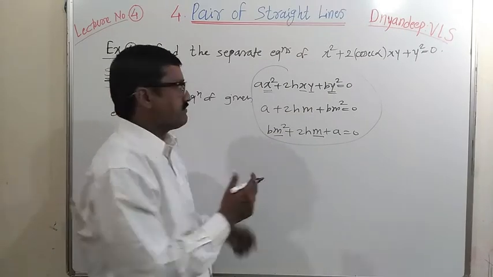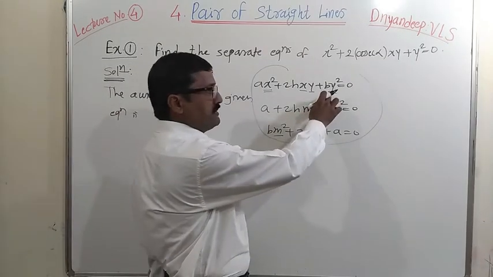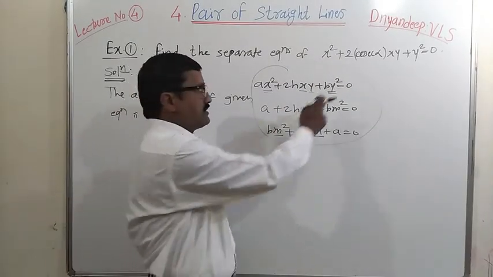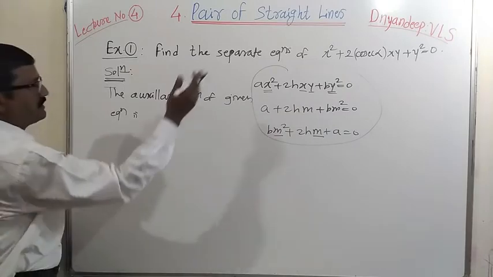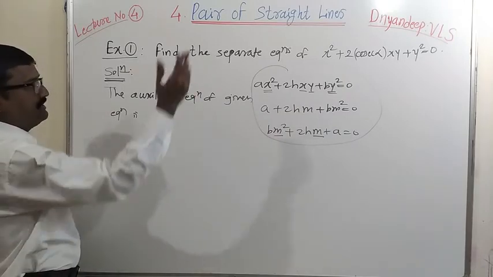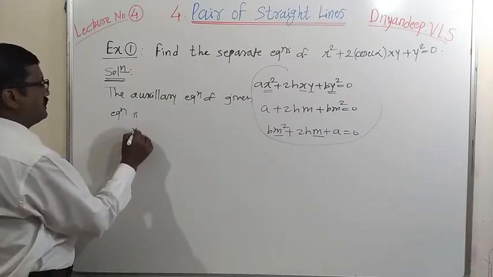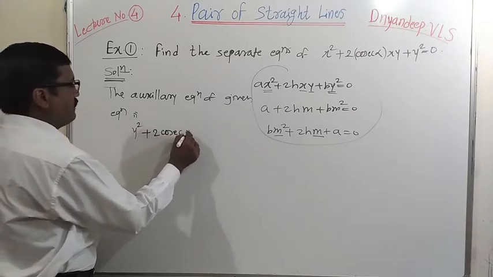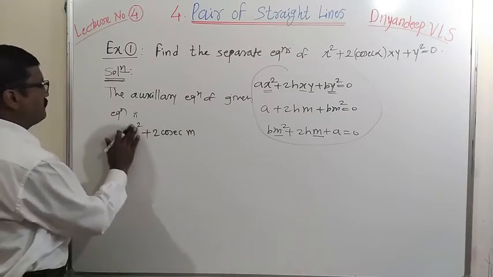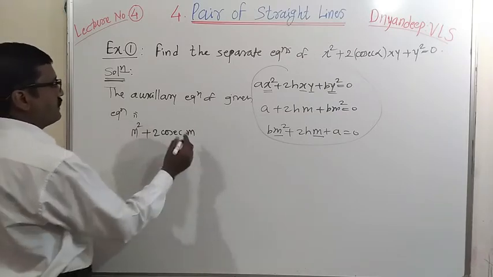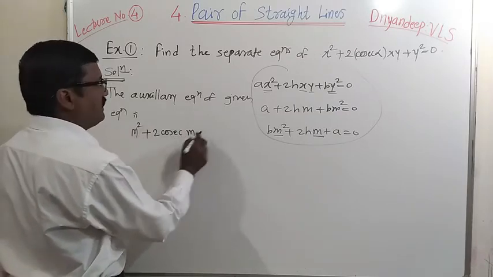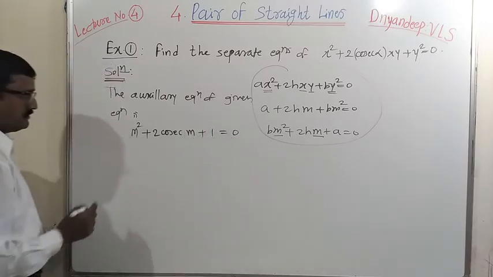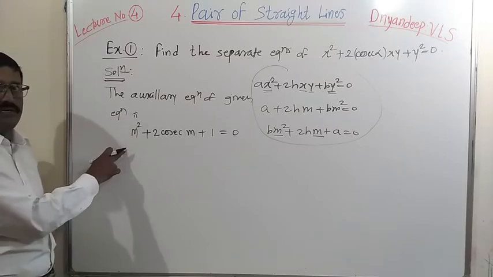So you can remember in the given combined equation the y square term is at the last, and in the auxiliary equation we will start from here. Now the value of b is 1, so instead of y I have to write here m square plus 2 cosec alpha m plus 1 equal to 0. Now this is quadratic equation in m.